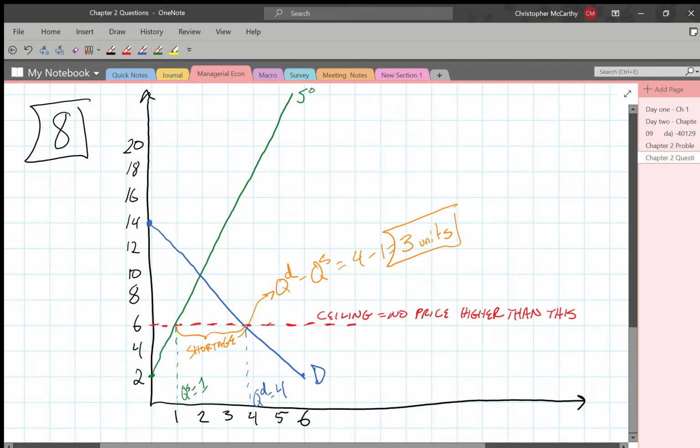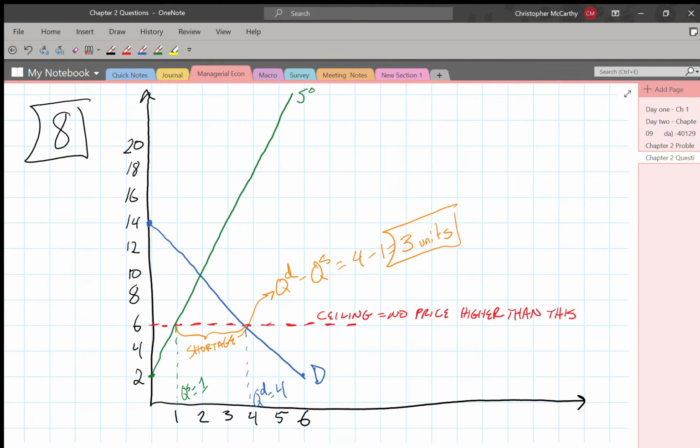Now what about the next question? What if a price support of $12 was imposed?